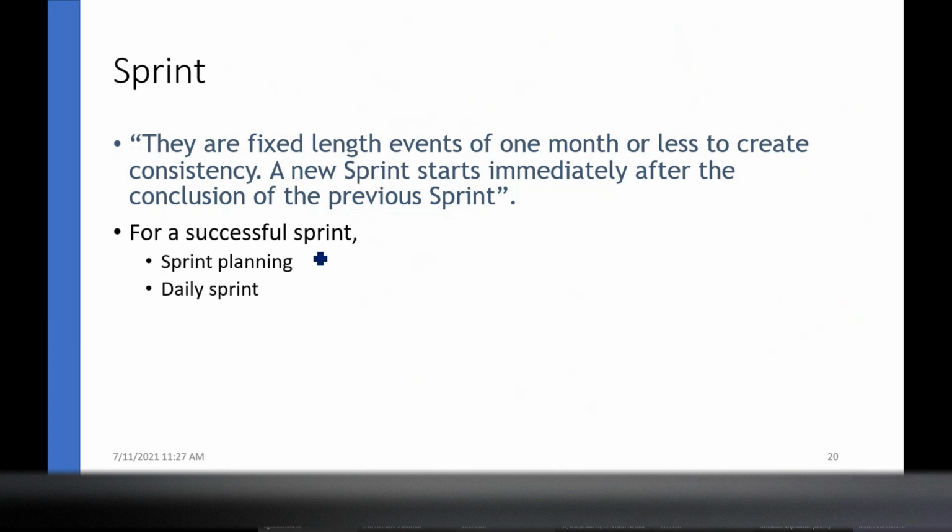For a successful sprint, there are activities. I have mentioned only 2: sprint planning and daily sprint. A successful sprint is mainly focused on the sprint planning, though it's just a very small duration.